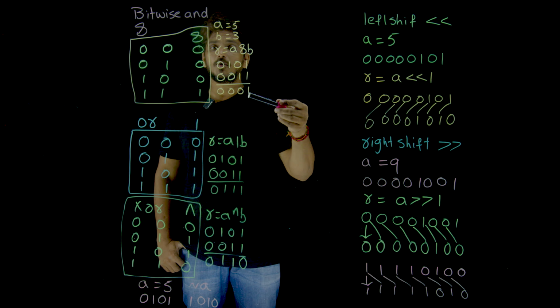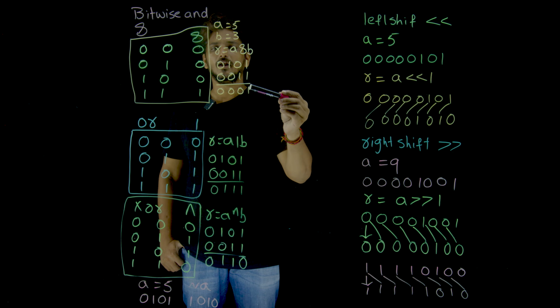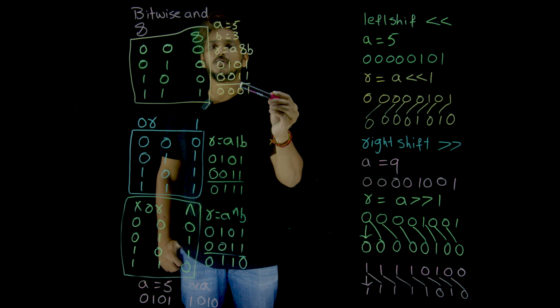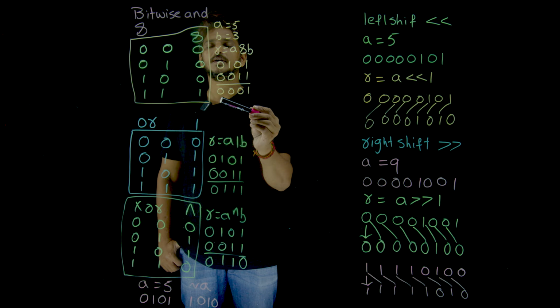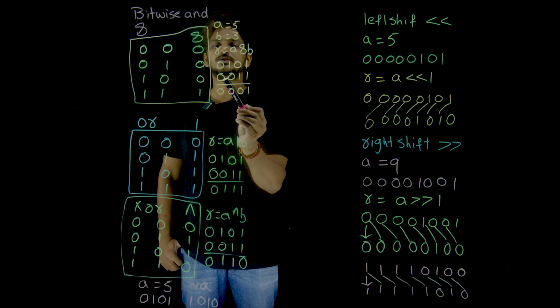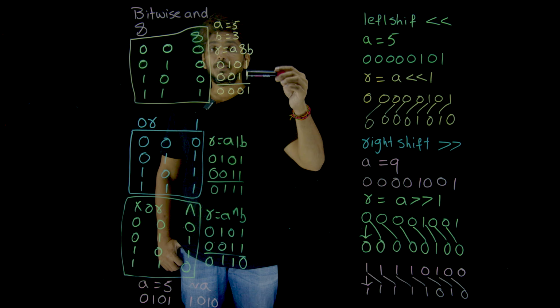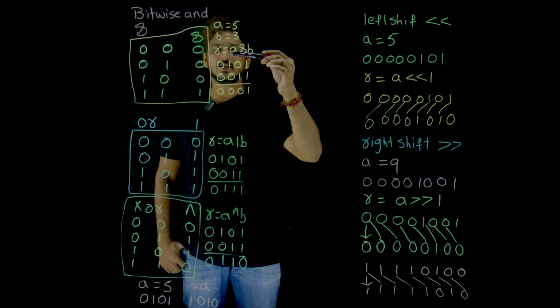So in the bitwise AND operation, 1 and 1, you get 1. 0 and 1, you get 0. 1 and 0, you get 0. 0 and 0, you get 0. This is the output you get if you do A and B. The bitwise AND operation has been done.